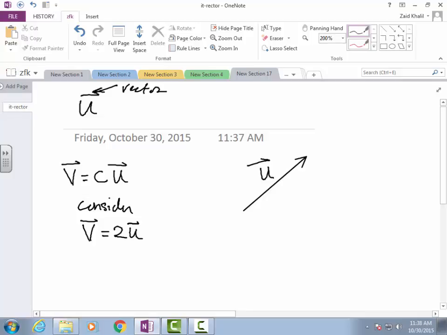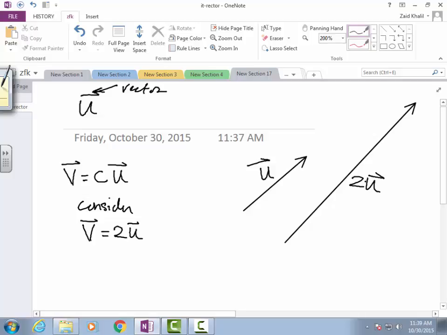That's correct. You take u, and now, does that look about double? So this is 2u, or 2 times u.